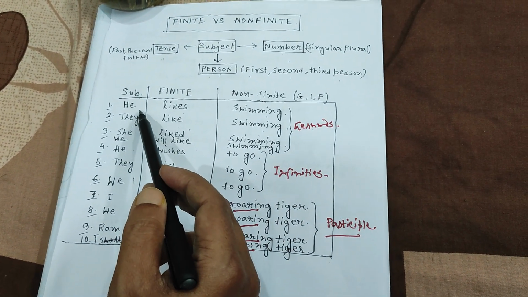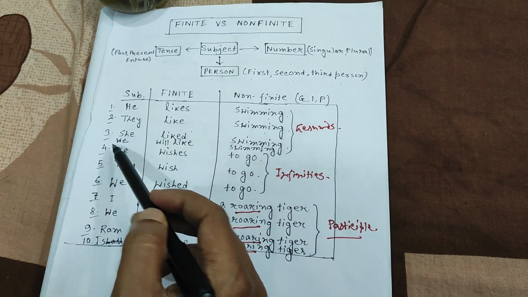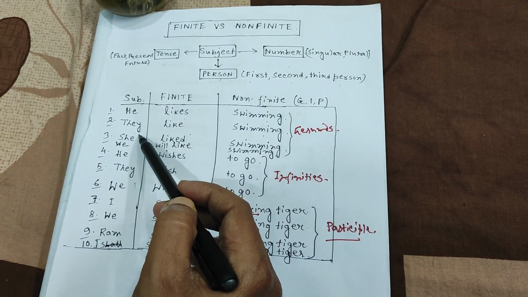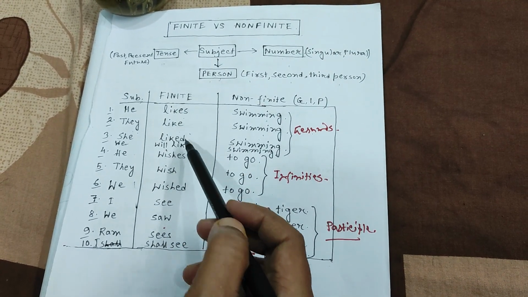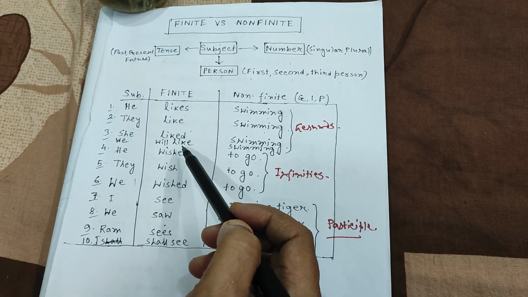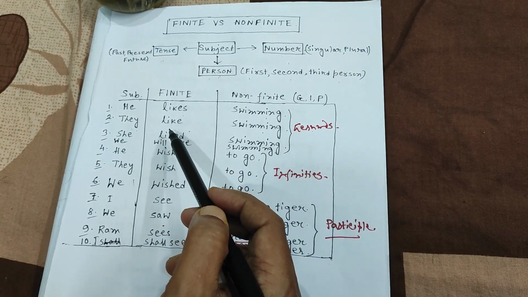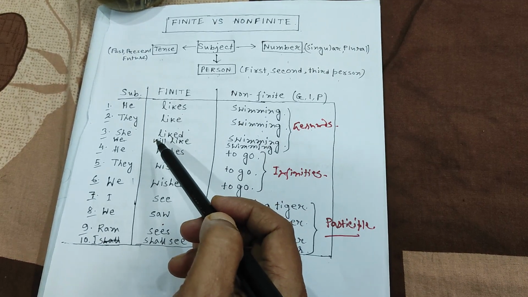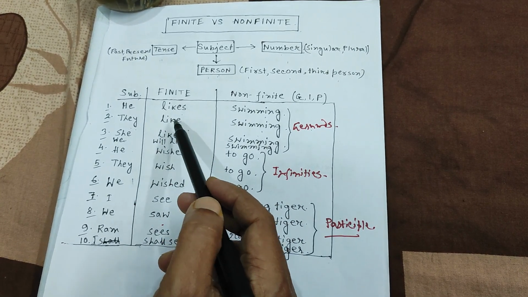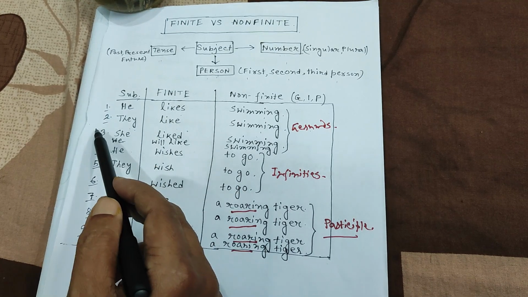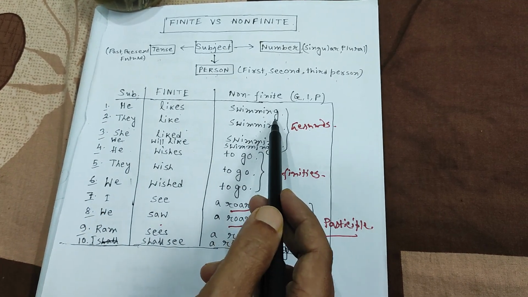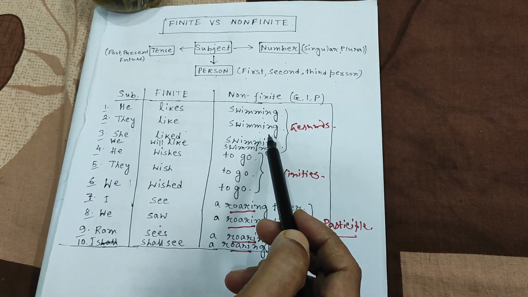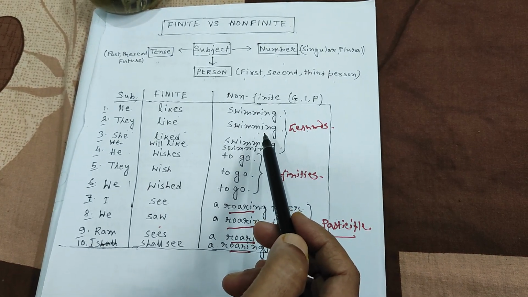Although the number and person of the subject vary, and although the tense of the finite verbs changes, the finite verbs agree with the subject, but there is no change in the non-finite verbs. I hope you understand this point.